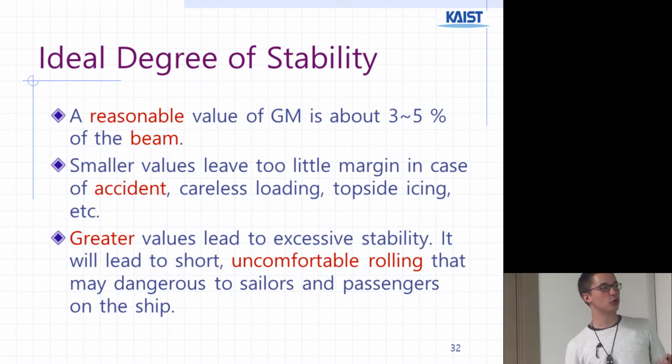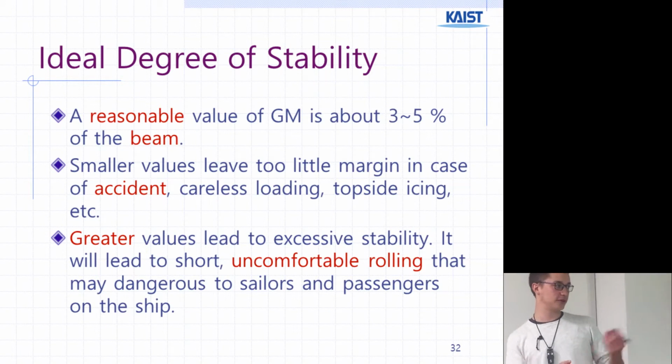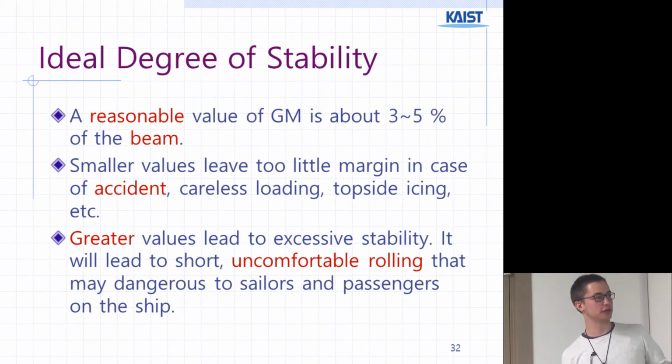The thing is, you don't want GM to be too big or too small. If GM is too big, the ship will be rotating with extreme force each time. If you take a ship where G is here and M is over here, once you have a small deflection of alpha, it's going to give a much bigger difference in the buoyancy center.